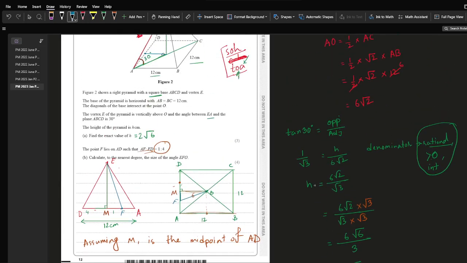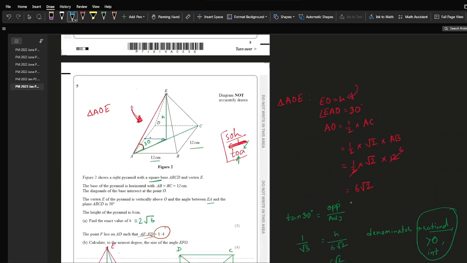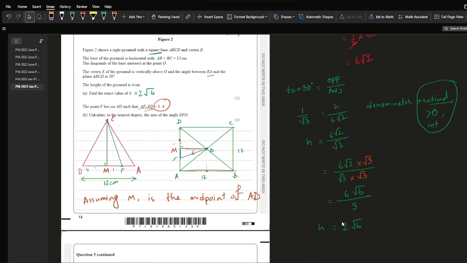Now that we have MF, by the way, don't get distracted while doing this. Why are we doing all of this? In order to find the angle EFO, we need the side. That's why we are doing all this. If you find this difficult, just write it down. What are you trying to do? Find either AF or AO.